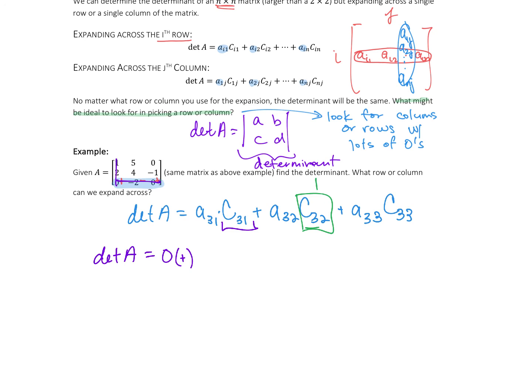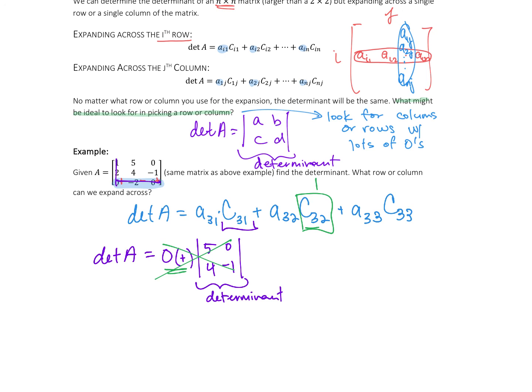So the 3 tells us cross out that row, the 1 tells us cross out that column, and I'd have the matrix 5, 0, 4, -1, and I'm putting it in the straight bars to represent that this is telling me I want the determinant. Now, I don't even have to figure out what that determinant is because I'm going to multiply by 0, so that thing's going to go away anyway.